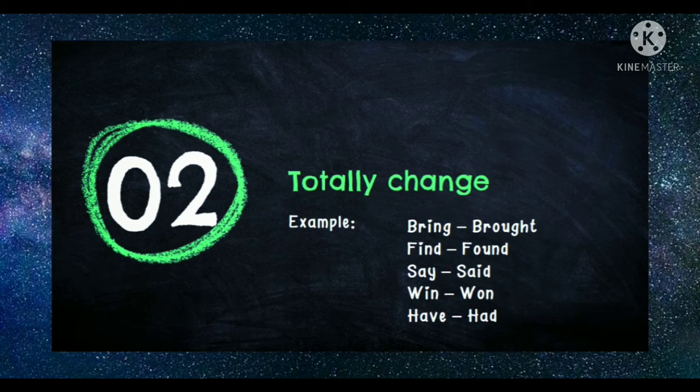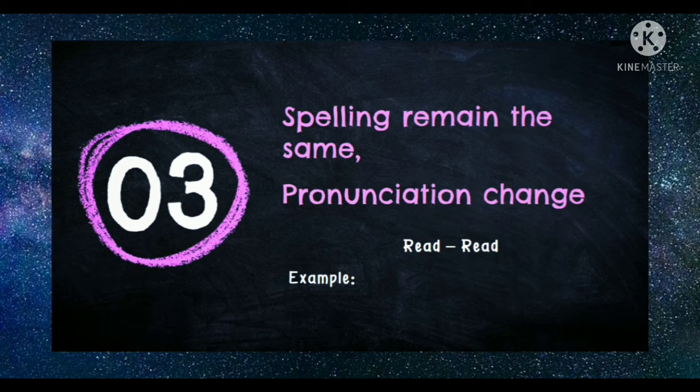The verb bring changes its spelling and pronunciation in the past tense, where it becomes brought. Same with the other verbs here. Find, found. Say, said. Win, won. Have, had. Remember that the second group changes its spelling and pronunciation and has a total change.